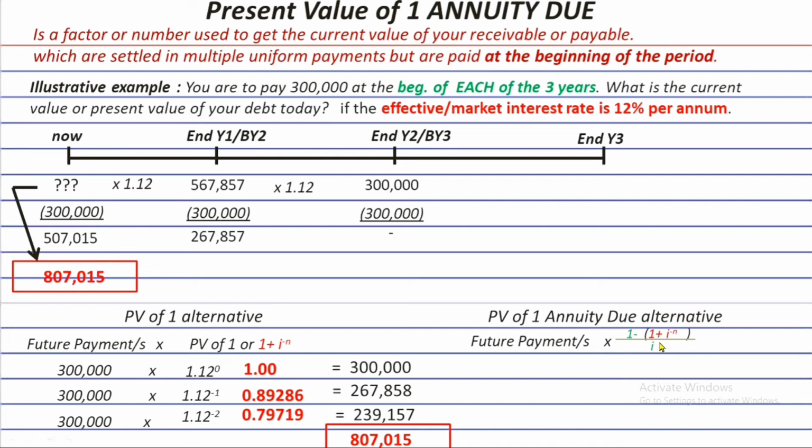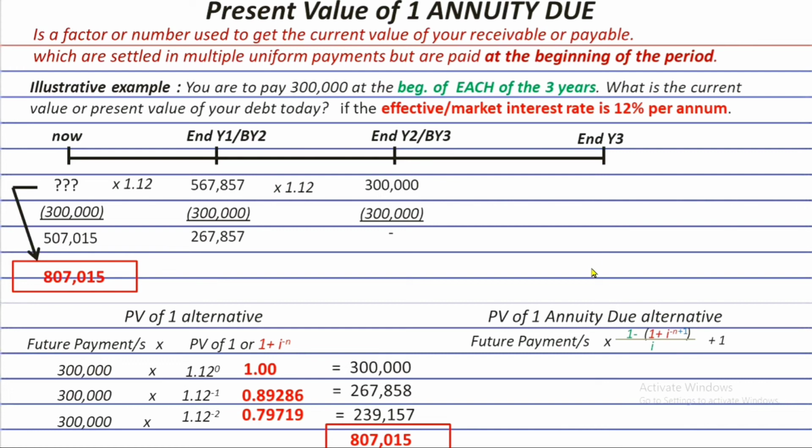And then in order to get the annuity due factor or the annuity in advance factor, we need to add 1 in this negative n. And after getting this numerator and denominator, after you have summarized this, we need to add another 1. So that's already the formula in getting the annuity due or the annuity in advance factor.